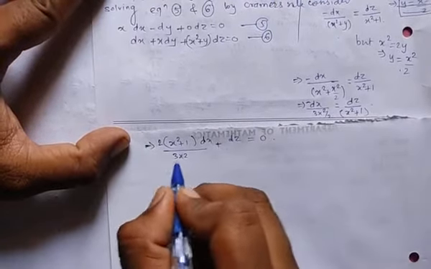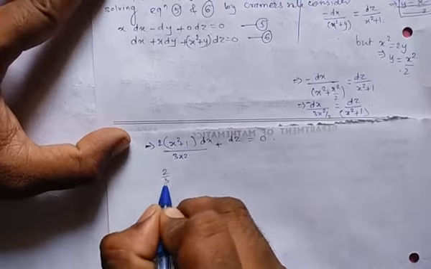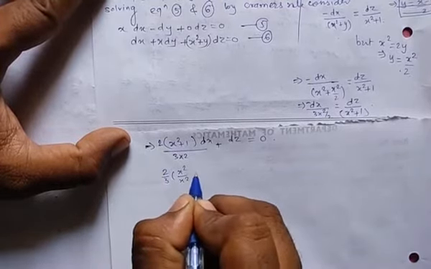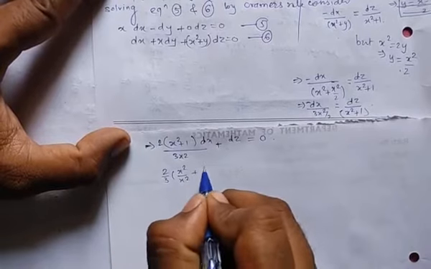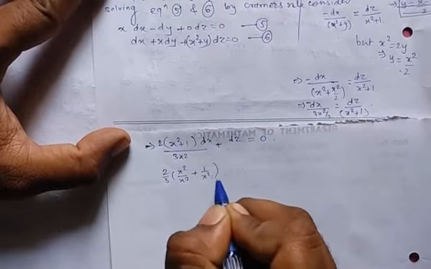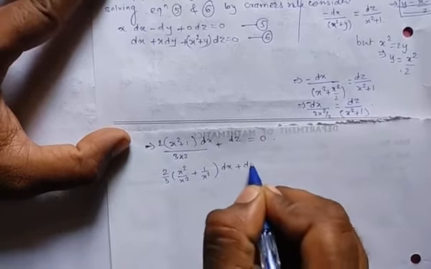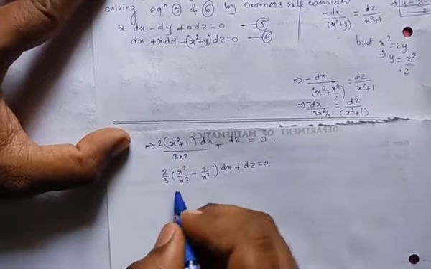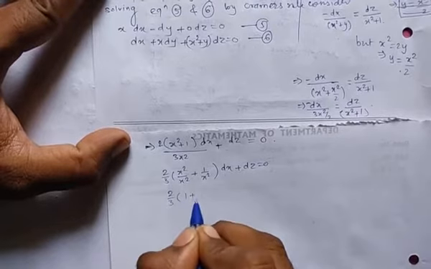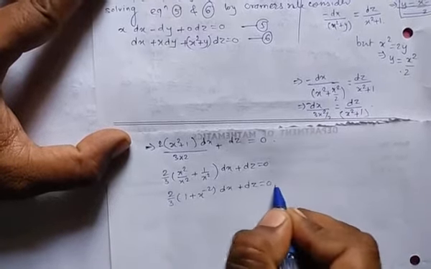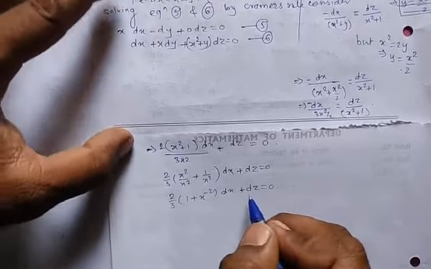Separating this, 2 by 3 outside, x square upon x square plus 1 upon x square, into dx plus dz is equal to 0. So 2 by 3 into 1 plus x raised to minus 2 dx plus dz is equal to 0. Now this is the variable separable form.